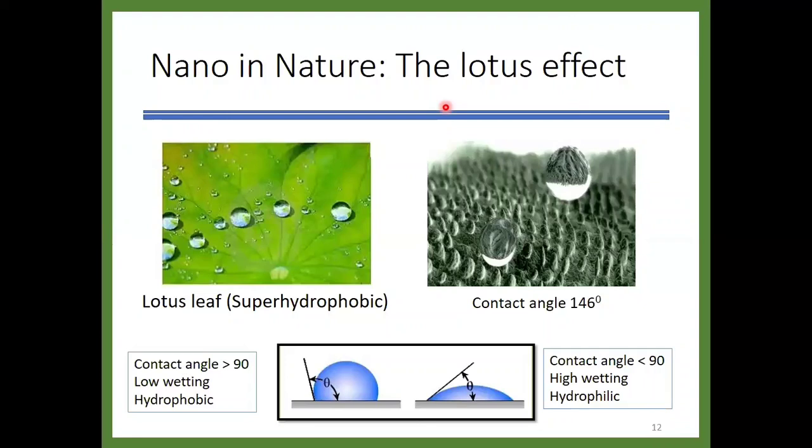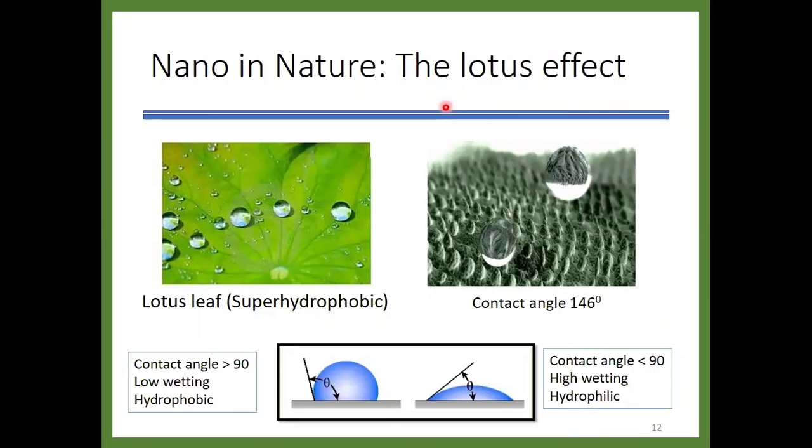The next question is actually whether this nano is a man-made thing, right? It's not, because nature is the most amazing creator that we have. It has some nanoscale objects already, right? So one of these nano things in nature is this lotus leaf.